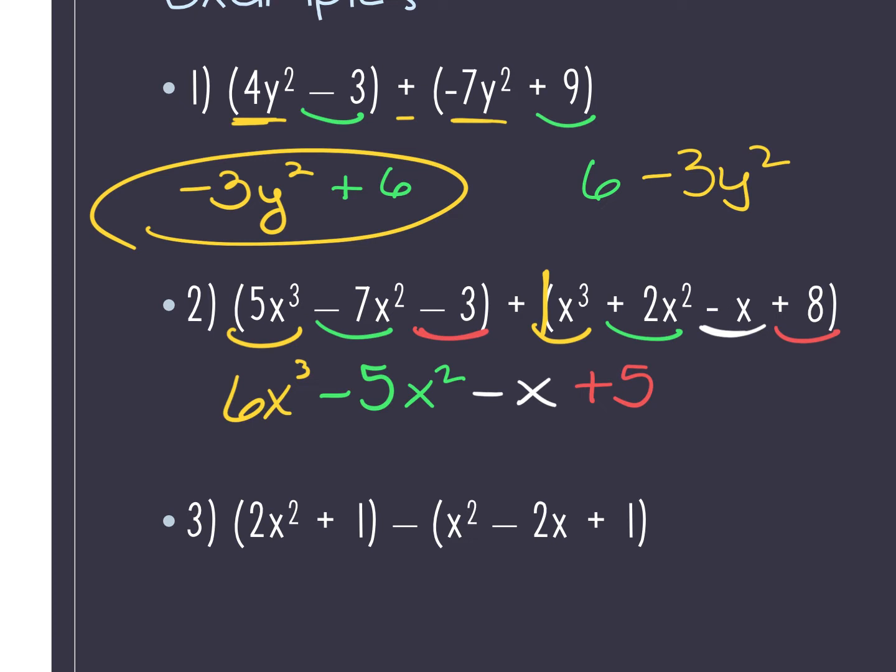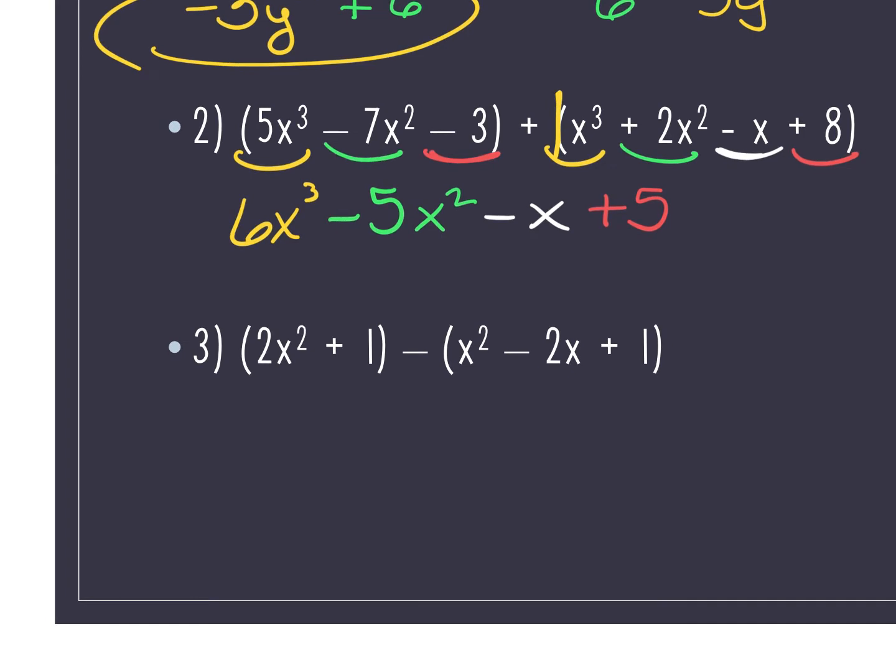The next one is a subtraction problem. And we need to be very careful when we subtract polynomials. What I like to do is something that I used to teach when I taught adding and subtracting integers, keep, change, flip, or stay, change, change. So what I do is I keep the first polynomial the same.